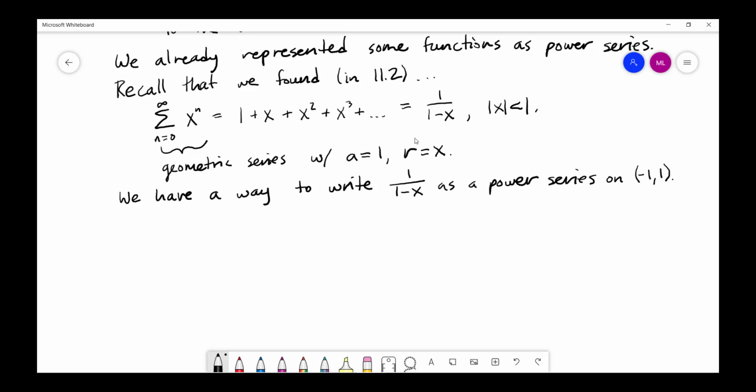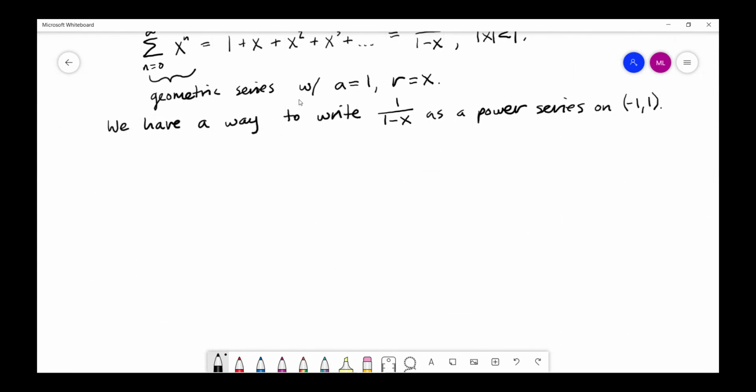Okay, so it turns out that we can do this for a whole bunch of other functions, and one way that we can develop what some of these other functions are is by just modifying this one. So we can modify this representation to find others.